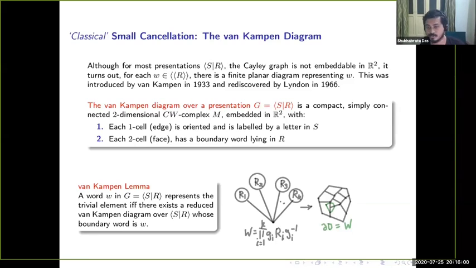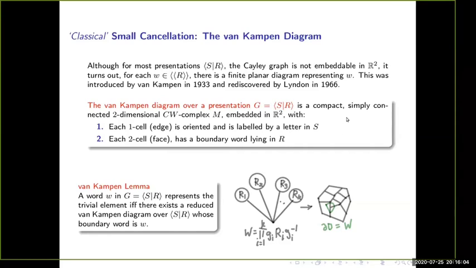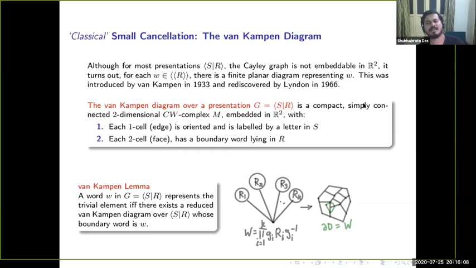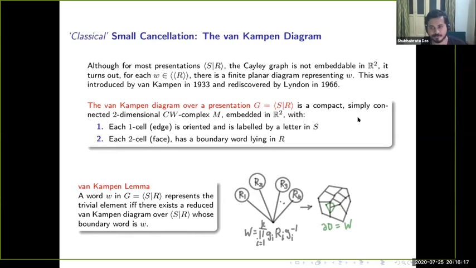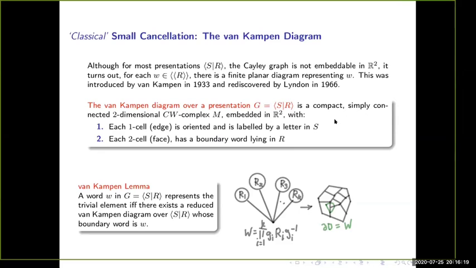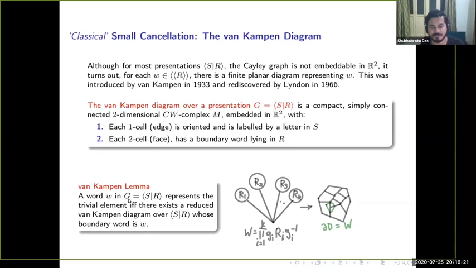So you said the Van Kampen representation is compact, simply connected. I think simply connected here is a typo. Okay, thank you. Simply connected here is a typo. I'm very sorry. Simple connectedness would come from a trivial word. So yes, thank you for pointing out.